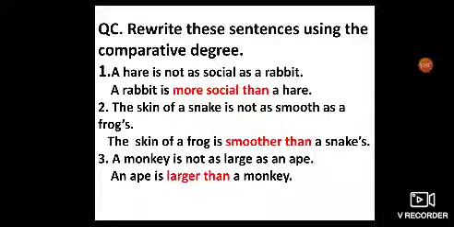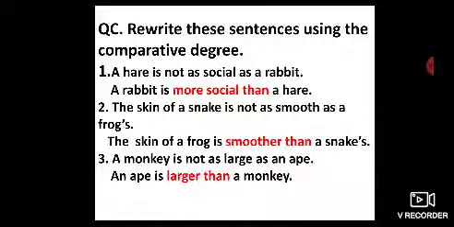Now here is the question, based on the rules which you have learned. The question is, rewrite these sentences using the comparative degree. First, a hare is not as social as a rabbit. Now you have to remember the rules of using the comparative degree.